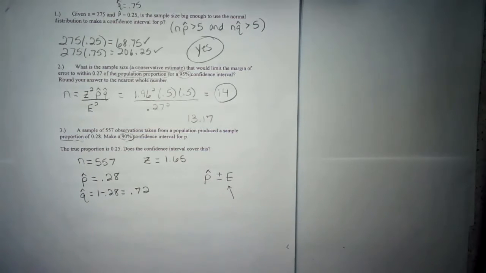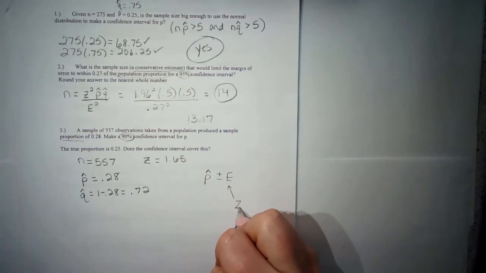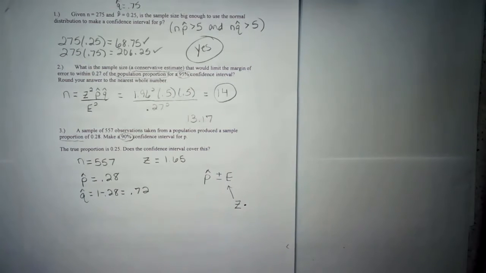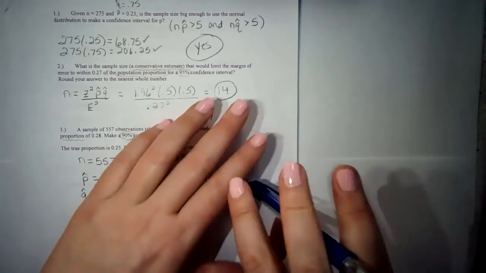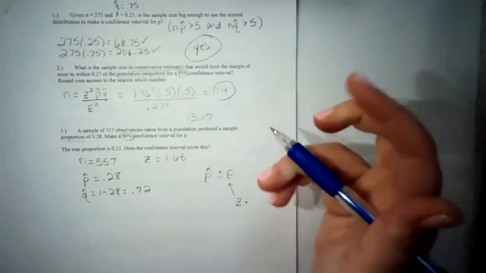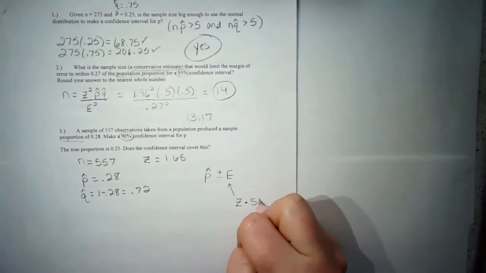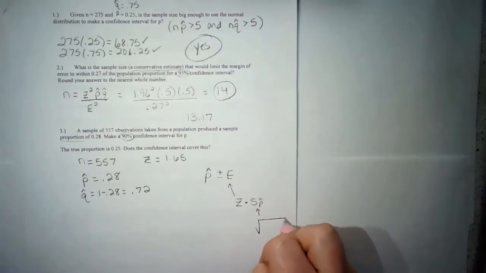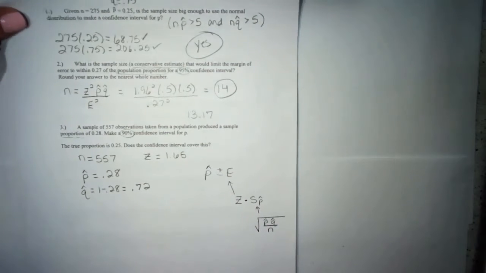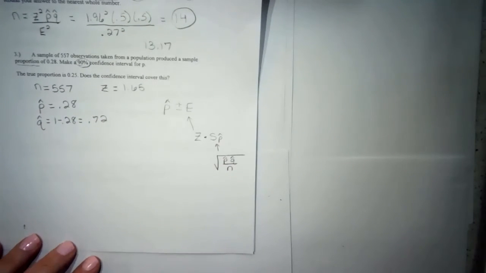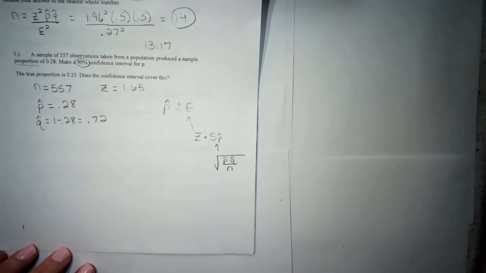Then to get our e, because we already have p hat, to get our margin of error, it's going to be z times S p hat, but S p hat is that giant square root p hat times q hat over n. So you've got to get all kinds of things right up there. That's going to be your formulas.